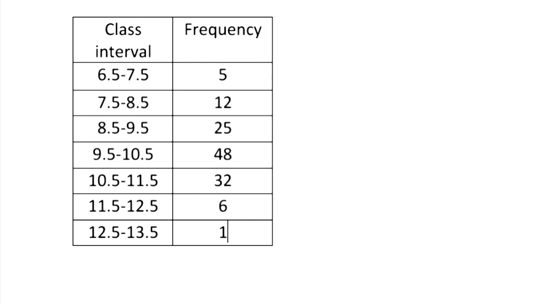When we are to find the mean value and class intervals are given, first of all we will find the mid value.